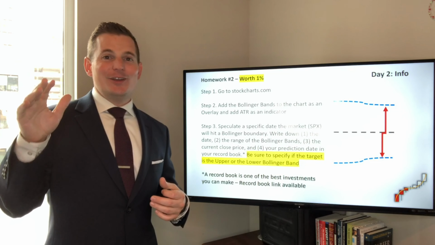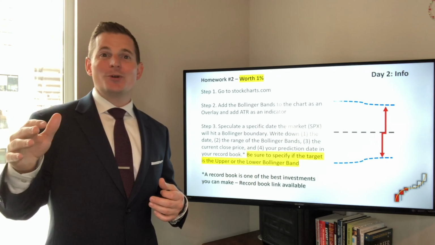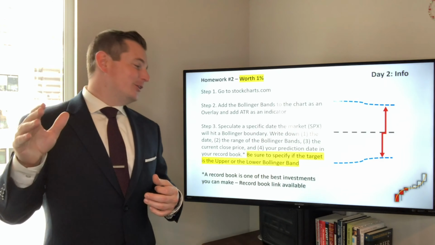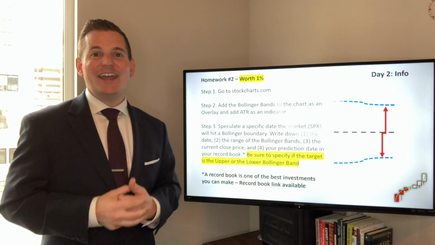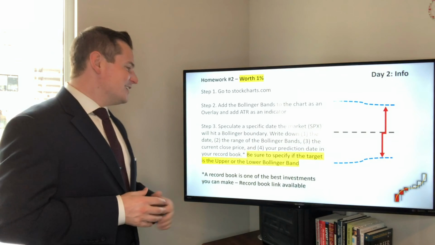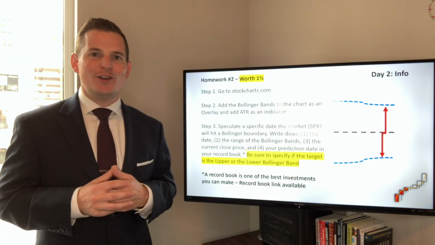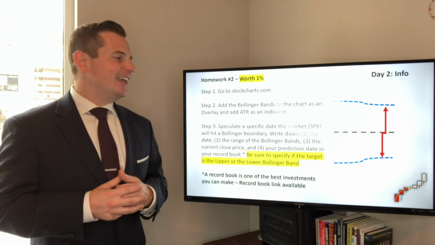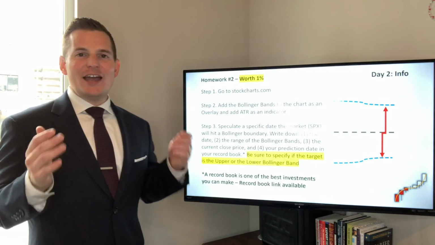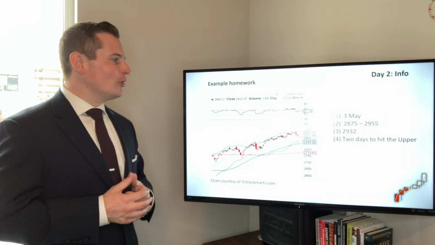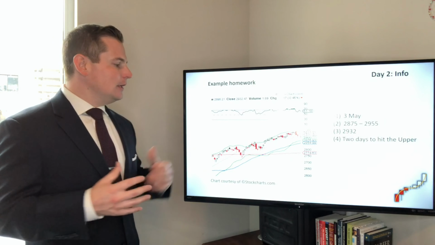And you're going to track this and see if you were right and how close you were or how far you were. And this is where it gets fun. So definitely invest in a record book if you didn't already, to keep track of all this information. I did do the homework as an example, just to give you.